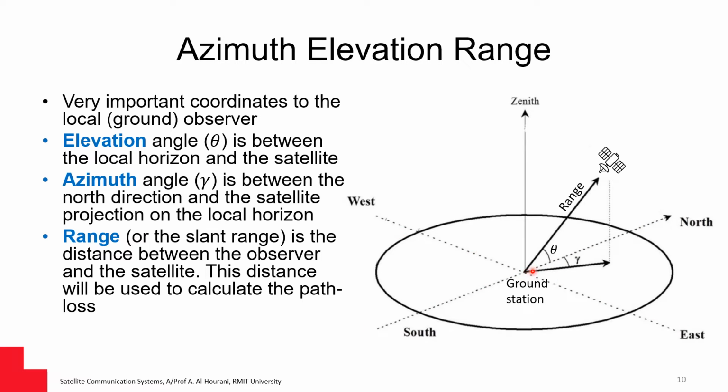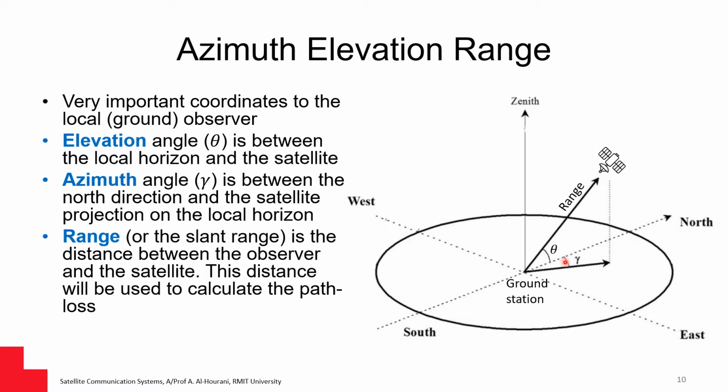Now, the elevation of the satellite: if you look at the sky, this circle represents the horizon, and the angle between the horizon and the satellite is called the elevation angle. Now, the rotation of the satellite with respect to the north, so the north is the reference point.